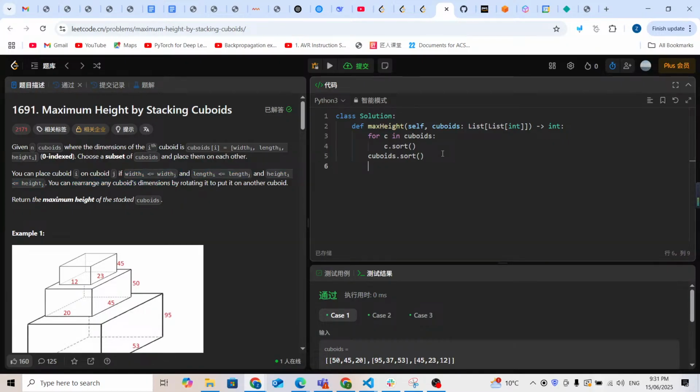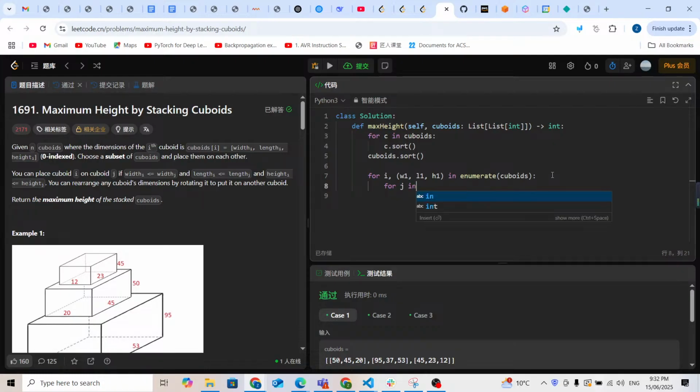Now we're going to use the longest increasing subsequence to solve the problem. So for i, width, length, and height in enumerate the cuboids. Here let's use w1, l1, and h1.